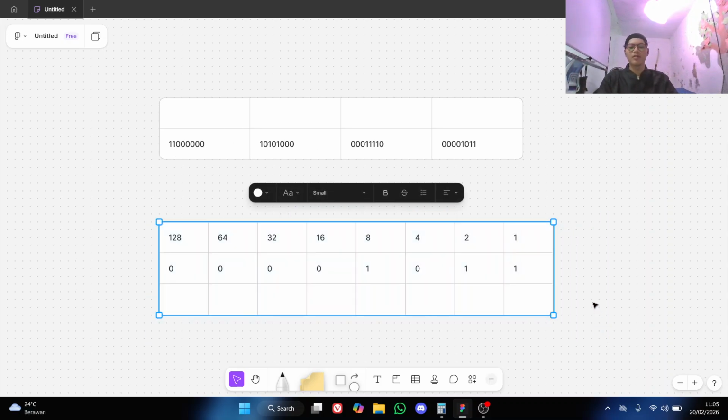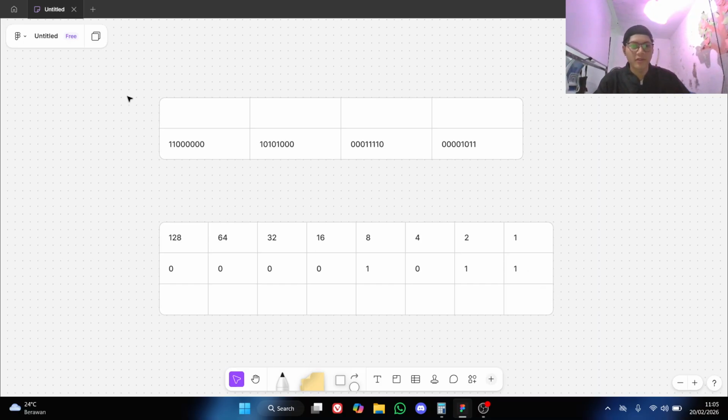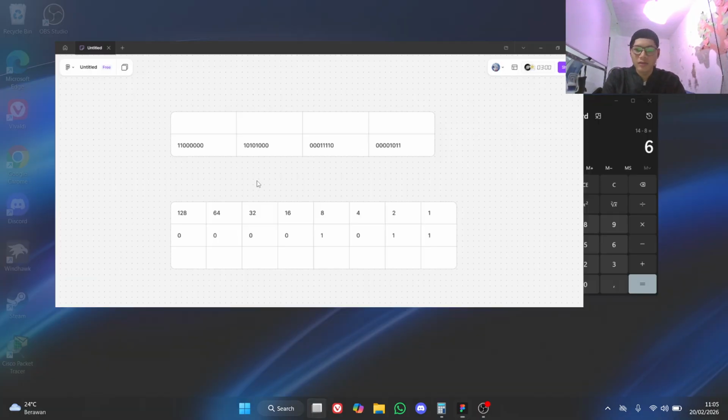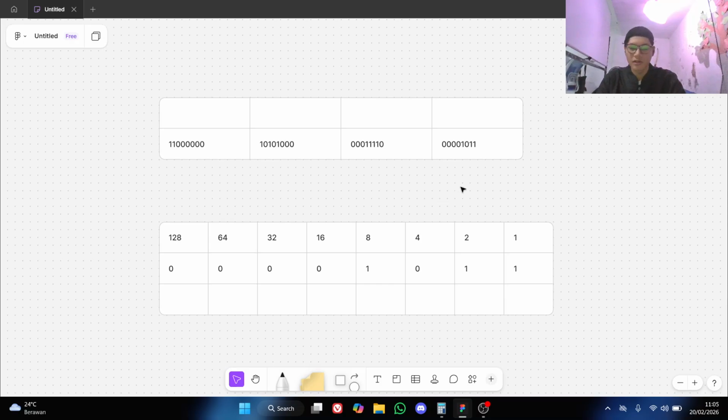I have a table that you can make yourself, but I use FigJam because it's easier and I like the UI. You can also use any paper and a pen to calculate this. The tools I'm using are two: FigJam for the table, and a calculator.